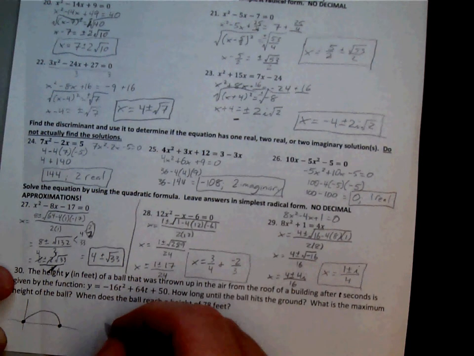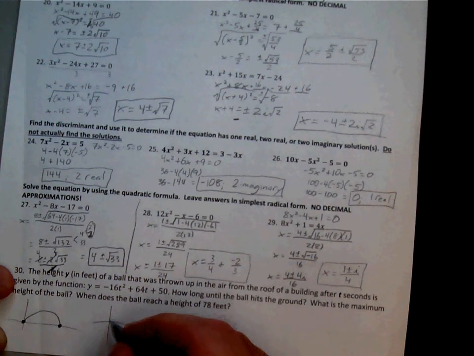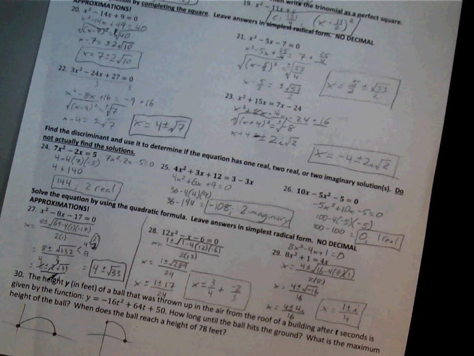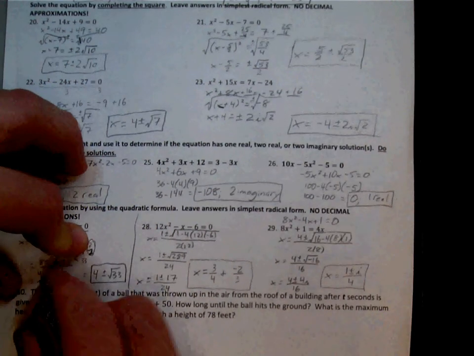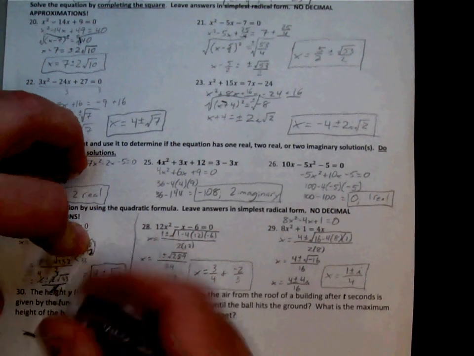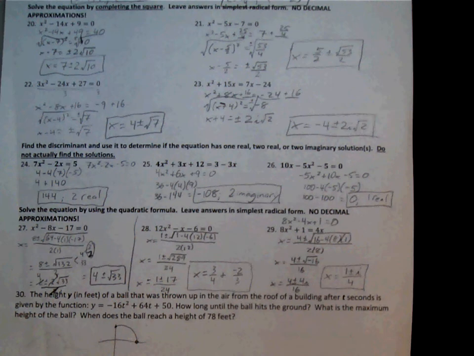Oh, sorry, that's not quite true because it's thrown from the roof of a building. So it starts up here, and then ends up hitting the ground. But ultimately we want to know when it's going to hit the ground.